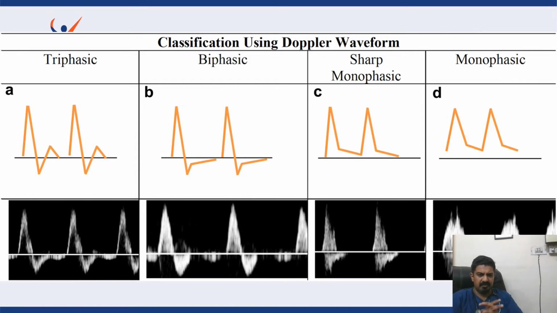So, we're looking for triphasic, biphasic, sharp monophasic, and monophasic waveforms when you're conducting a Doppler. Now, a radiologist would be conducting these investigations, but as physicians and as surgeons, it is important for us to interpret the results as well, so we make the right decisions at the right time for our patients.